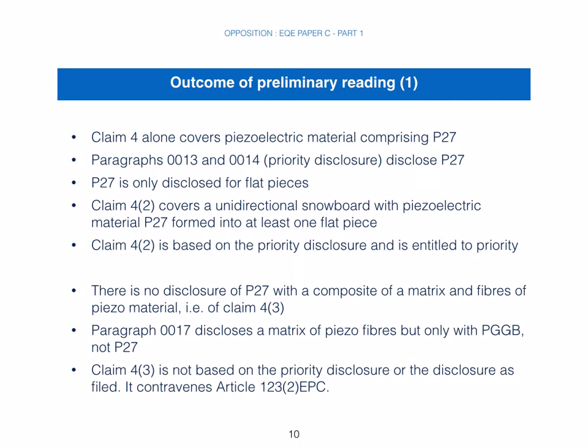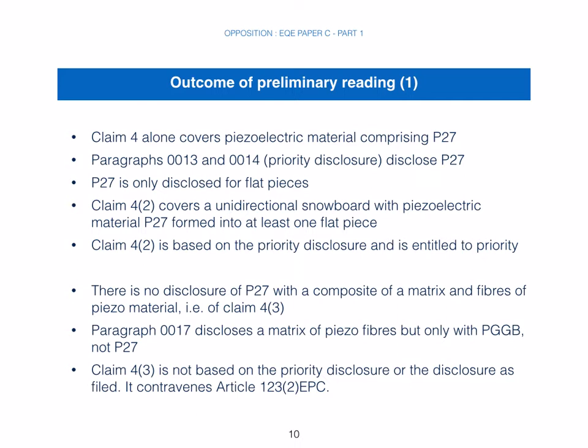Referring to the wording of claim 4 when it depends upon claim 2, this claim covers a unidirectional snowboard with piezoelectric material P27 formed into at least one flat piece. That claim is based upon the priority disclosure, and claim 4, when it depends upon claim 2, is entitled to the priority date.